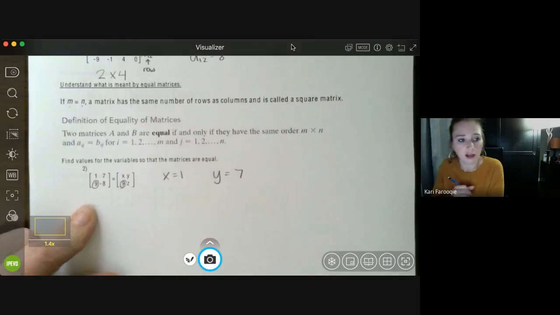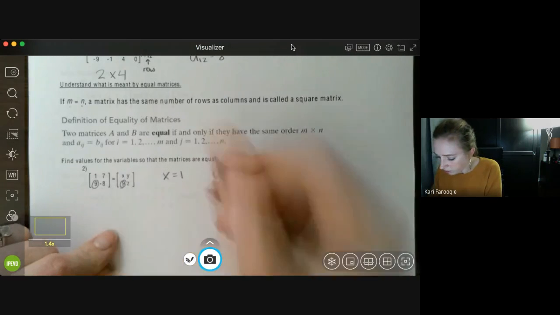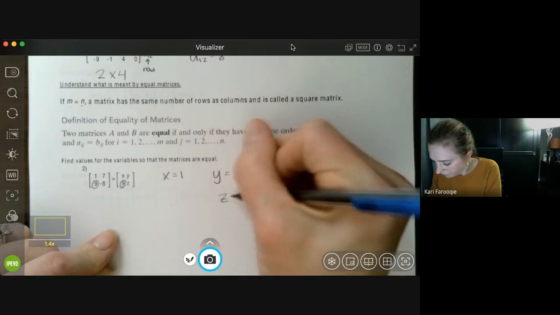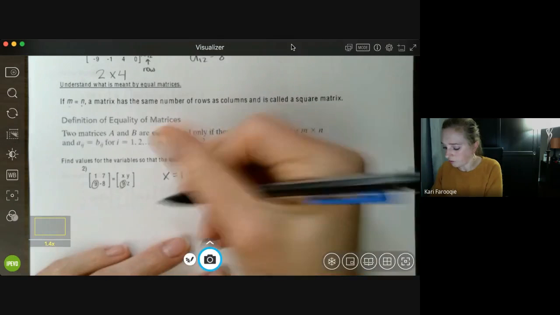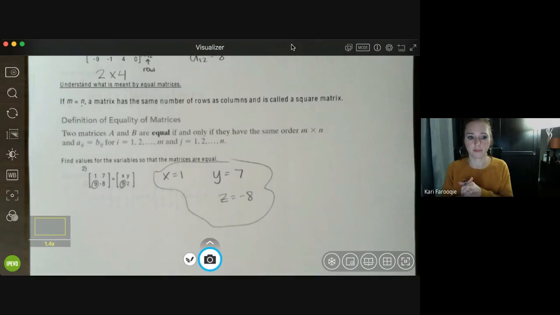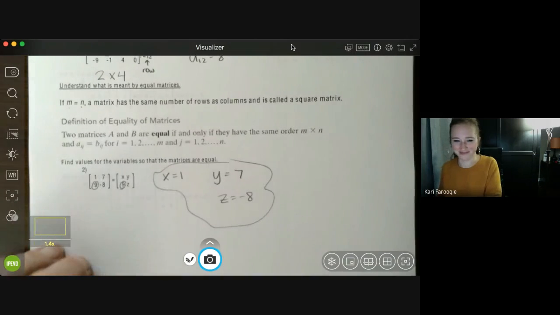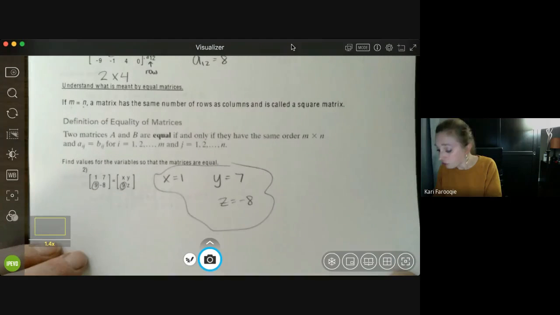You don't have anything to do there. And then z is equal to -8. So you just found the values of the variables and you're done with that one. A whole lot easier than row operations, huh? A lot less work, I should say. Questions on number 2?